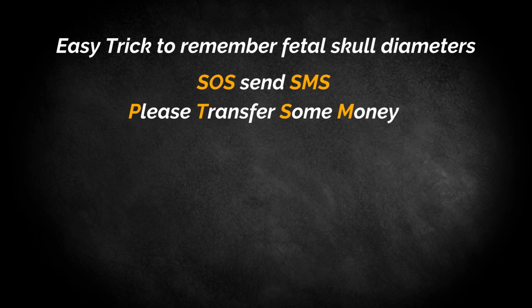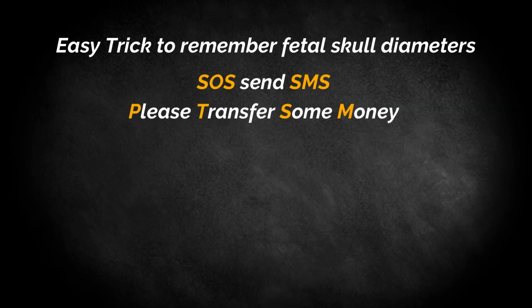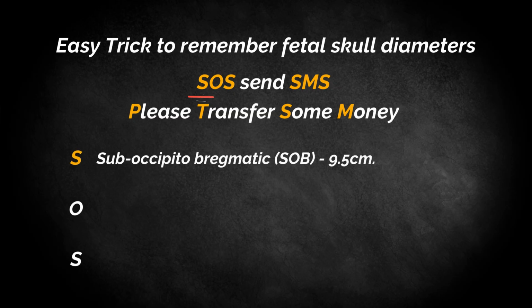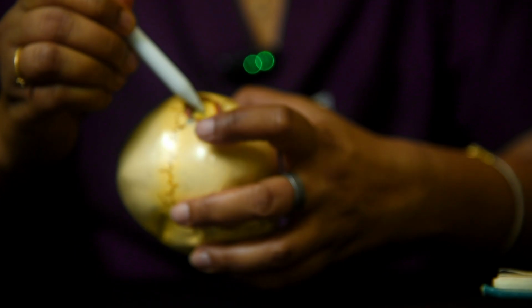So, we will start with the diameters from posterior to anterior first. So, first start with the SOS. First S stands for suboccipitobregmatic. That means from below the occipital protuberance to the center of the bregma.